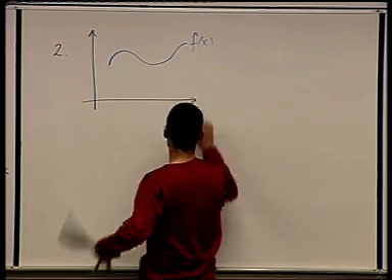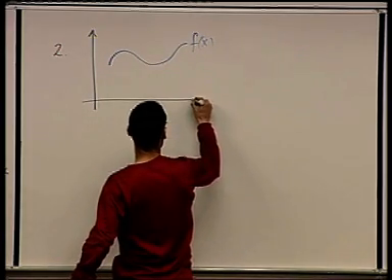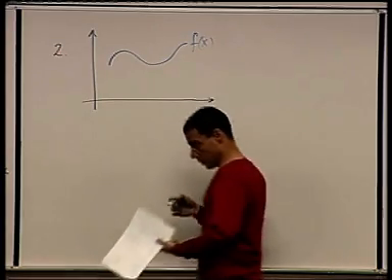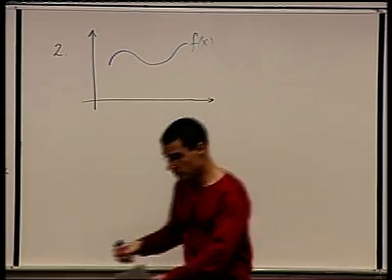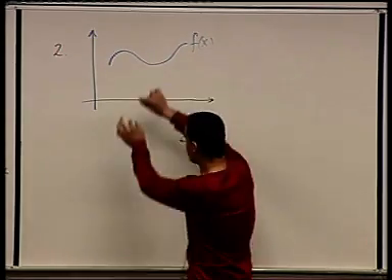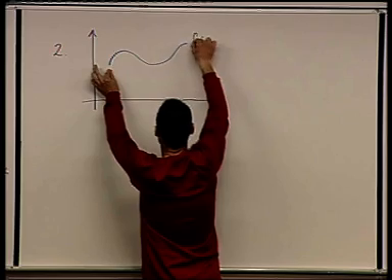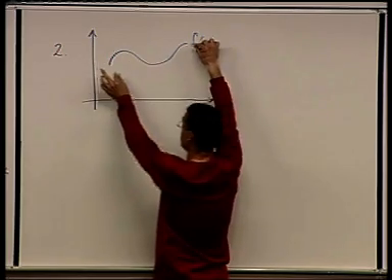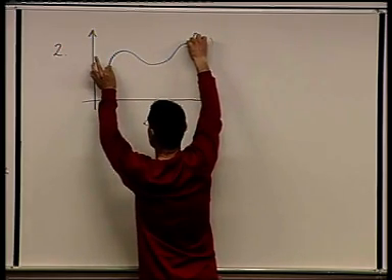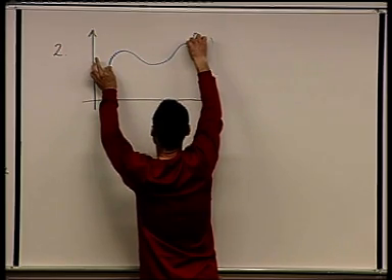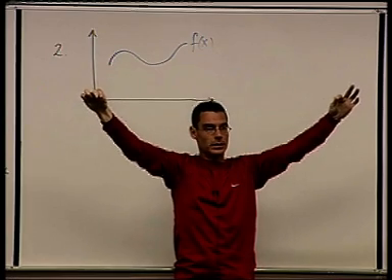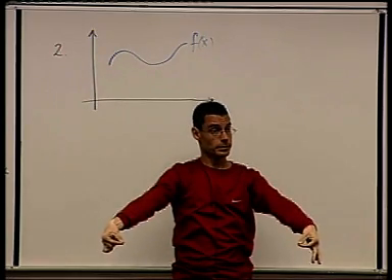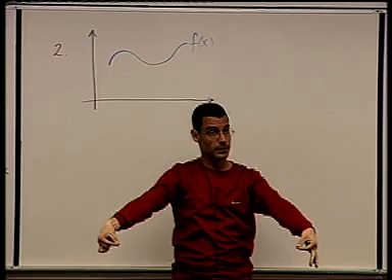And one way to do it is to take a piece of string, carefully put it on the graph, very carefully. Now it's laid on the graph. Do you see it? It's blue. Then you pick it up, and then put it on a ruler. Do you agree that would work?